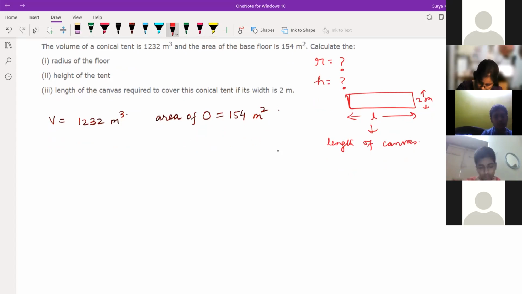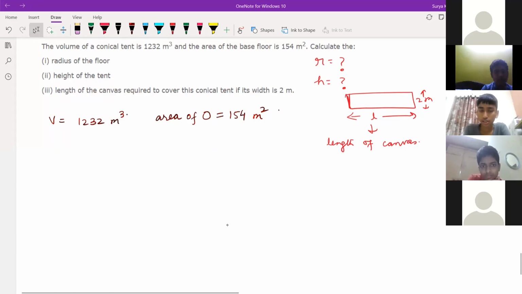So I'm going in very easy steps right now. Radius is 7. Sir, radius is 7. Height is 24. Radius is 7, height is 24. Okay. Now find the area of the canvas, the length of the canvas. Yes, sir, I'm doing that. Sir, I got 275 meters. 275 meters you got.